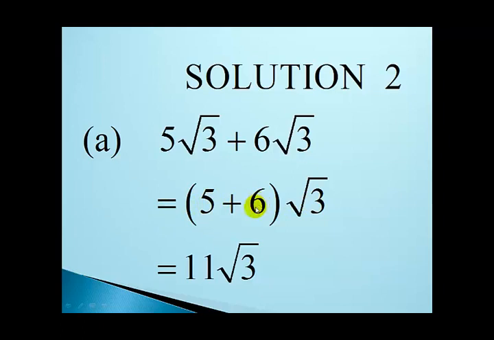So we have 11 root 3. That is, when they carry the same surd, you can add the coefficients.